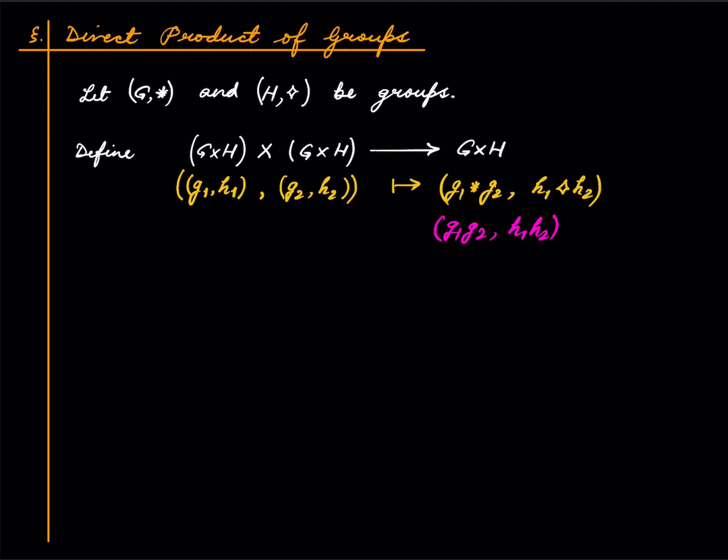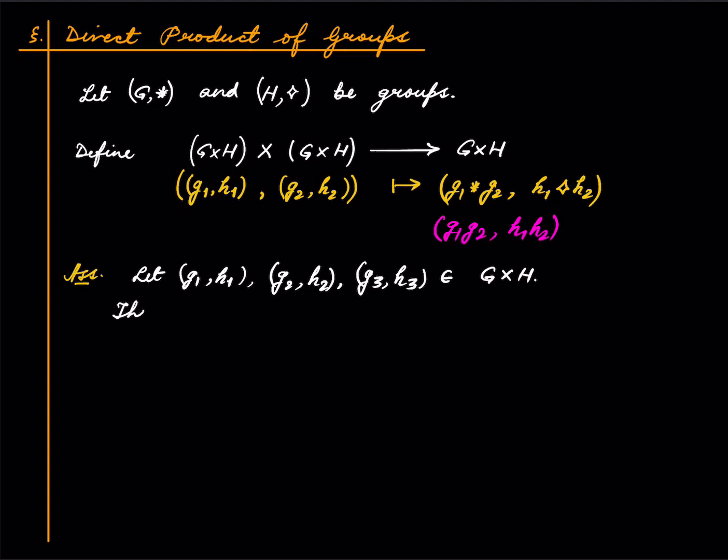So we'll check that this is indeed a group. We need to check associativity, which is very easy to check. All of this is very easy to check, but let me do it. Let (G1, H1), (G2, H2), and (G3, H3) be three elements chosen from the Cartesian product.